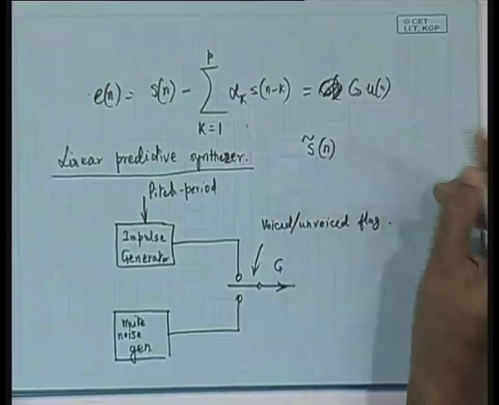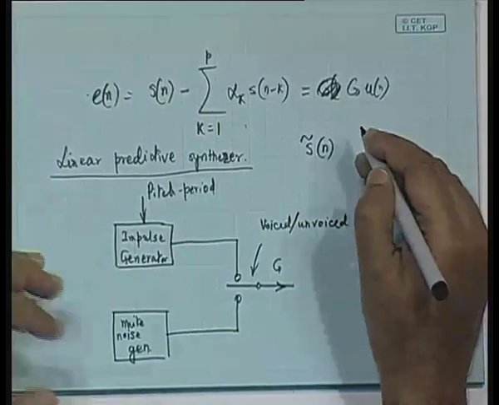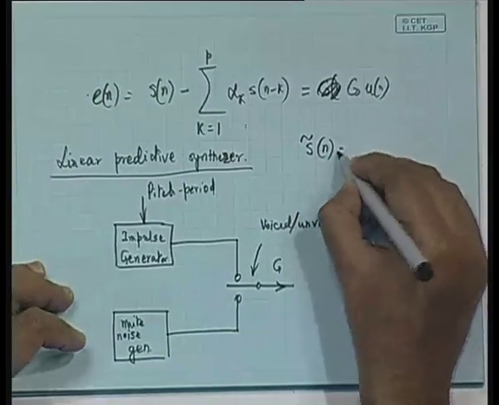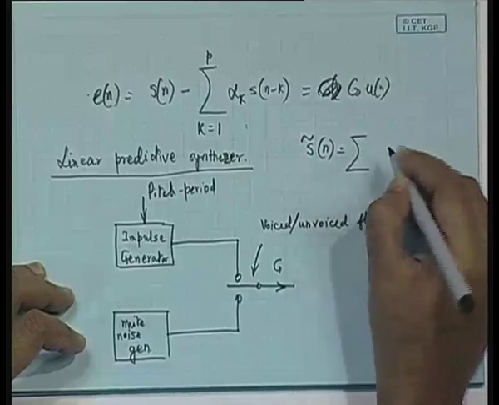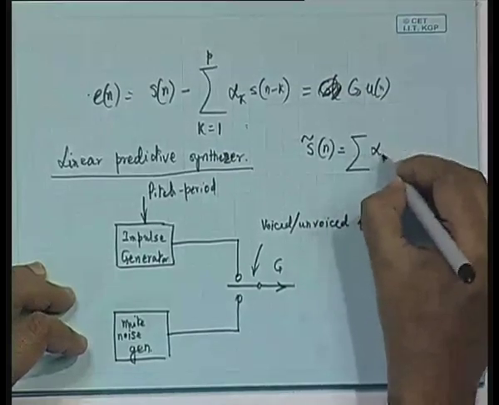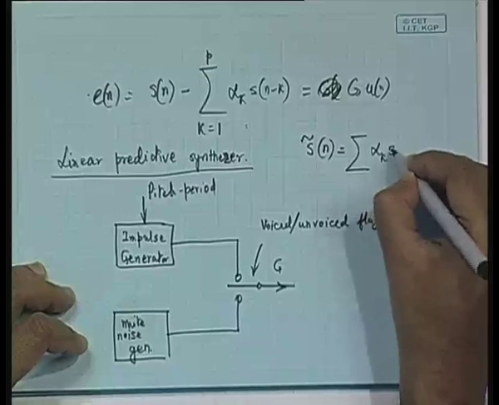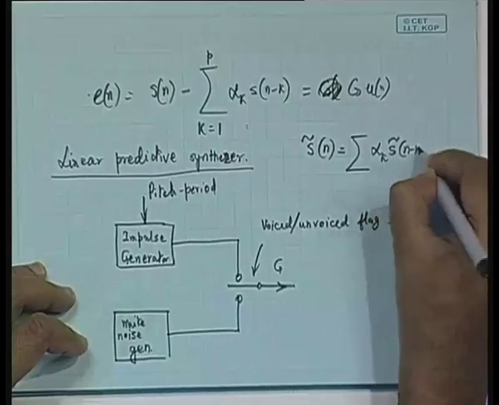It is using our linear predictive coding, because after all, what is it that we are going to obtain? We are going to obtain S tilde of n, which is the synthesized speech, and the synthesized speech can be written as the summation of alpha k S tilde of n minus k.